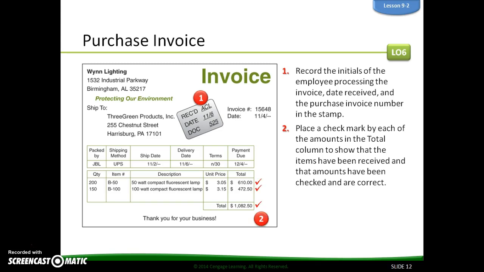You want to go ahead and put a check mark next to all of the totals just to confirm, yes, we actually did get all the stuff we were supposed to get on this invoice. You want to review then the vendor's terms for the payment. This one looks like it's terms N30 and the due date listed. Okay, so N30 means net in 30 days and that the payment is due by 12/4.